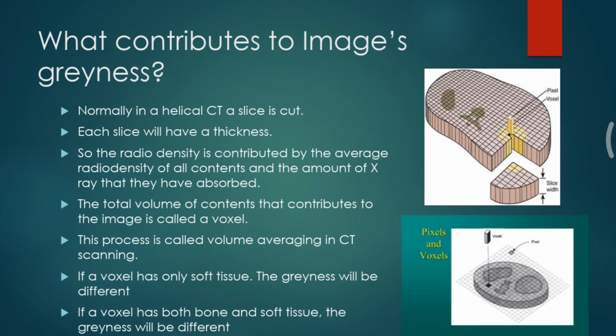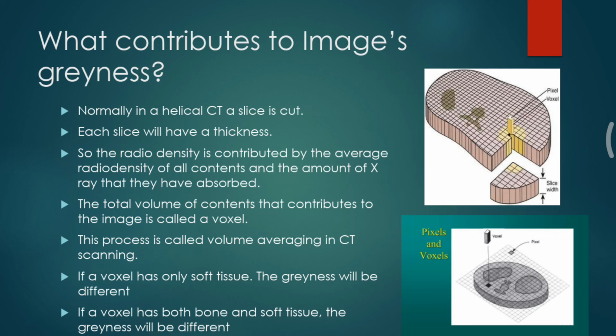Now, what contributes to the image grayness? Normally in a helical CT, a slice is cut and each slice will have a particular thickness. So the radio density we get is contributed by the average radio density of all the contents and the amount of X-ray that they have absorbed in the tissues. On the side you can see a picture. So you know what a pixel is.